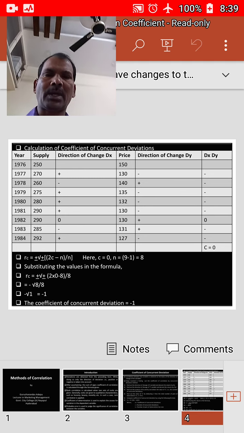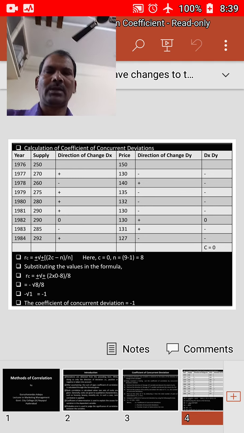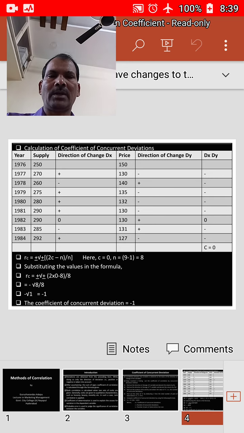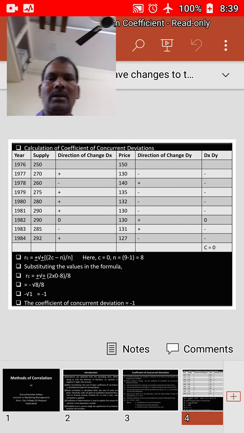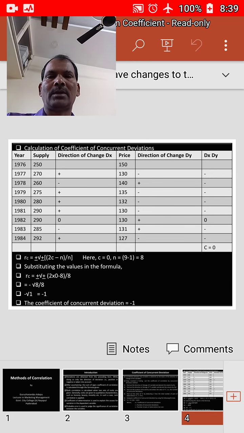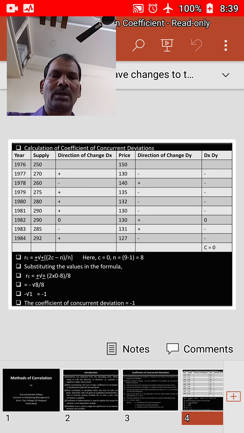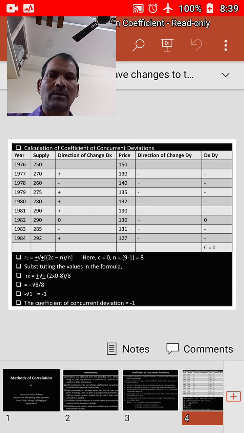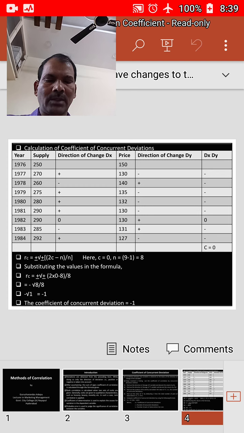He has also given the price: in 1976 it is 150, in 1977 130, in 78 140, 79 135, 80 132, 81 130, 82 130, 83 131, and 84 127.